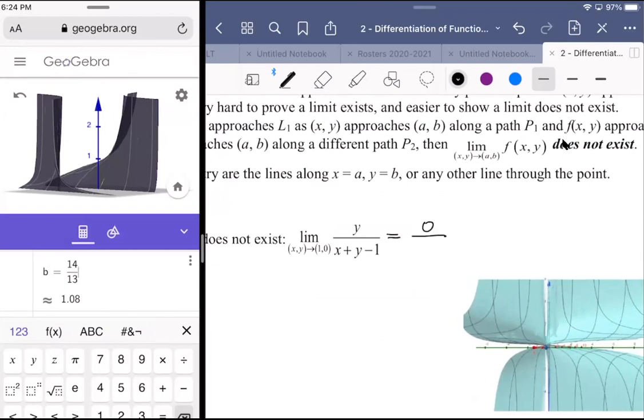The x's get replaced with 1. So 1 plus 0 minus 1, that's 0 over 0. That's indeterminate.